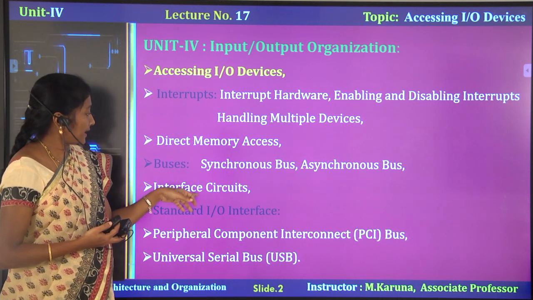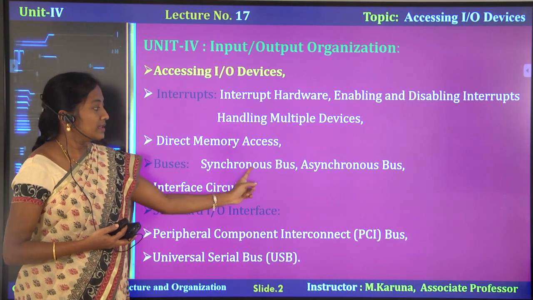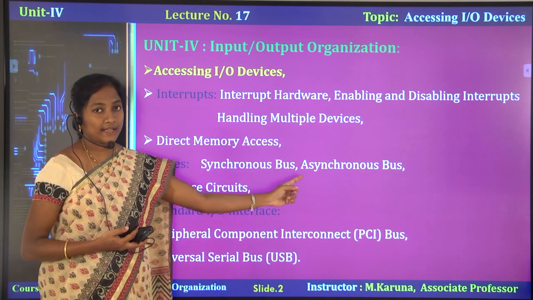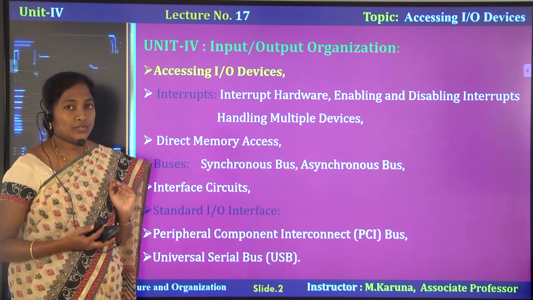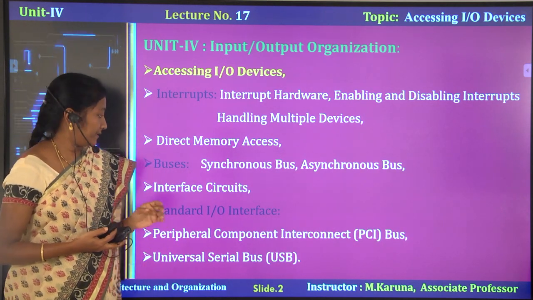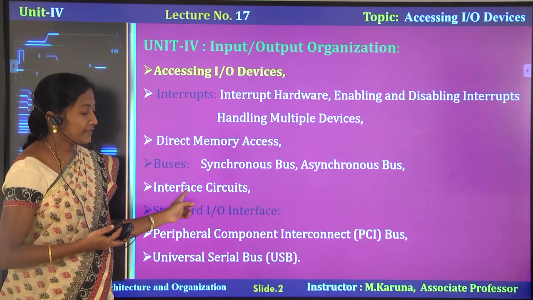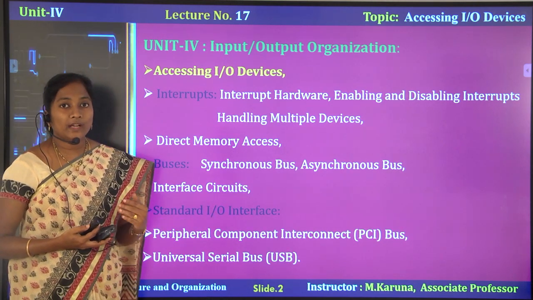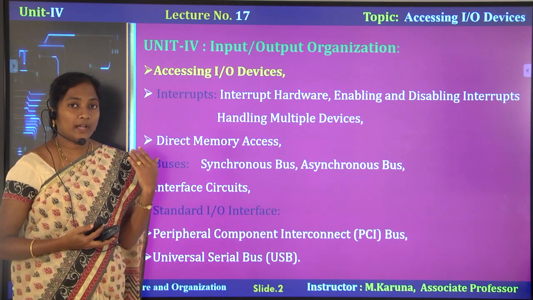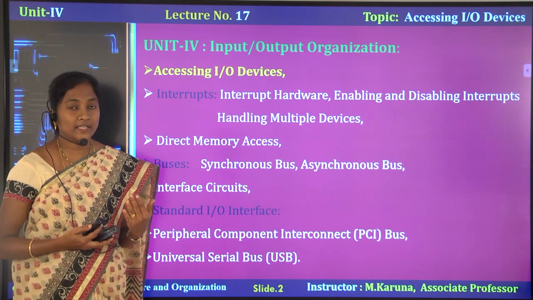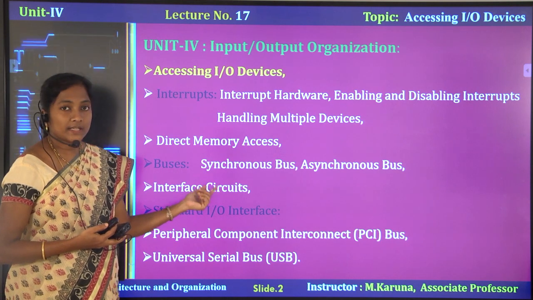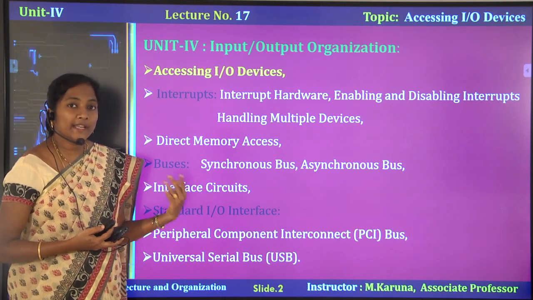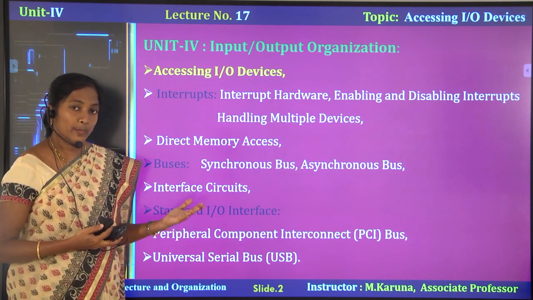Okay. So next we will discuss the difference between synchronous and asynchronous data buses used to transfer the data, and some interfacing circuits. We already discussed I/O, basic in and out operations. In this topic we will discuss keyboard and display device interfacing with the processor.